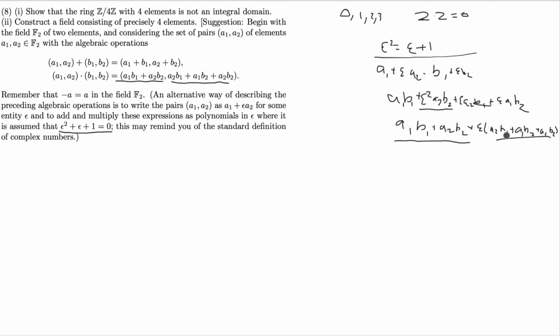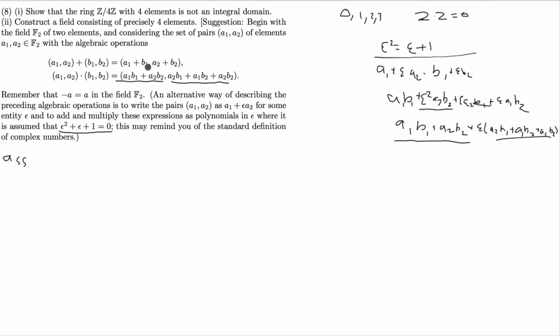But let's actually proceed. To prove this is a field, we need to show associativity, commutativity under addition, identity elements, inverses, and distributivity. So associativity, we're going to skip, because associativity simply comes down to the fact that we know that all these elements are taken from a field.